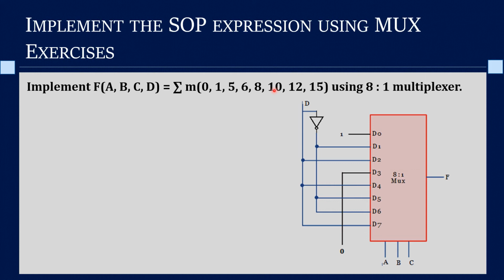After constructing the truth table, let's look at the variables A, B, C. For the combination 0, 0, 0, what is the value of F? Whether it is equal to D or D complement or 0 or 1, let's find that out. Based on that, we can implement this four variable Boolean expression using an 8:1 multiplexer.